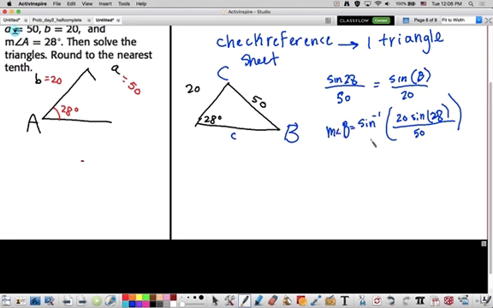Type that in your calculator. 10.82. Okay. It's an angle, so we're going to put degrees. Nearest tenth, 10.8.